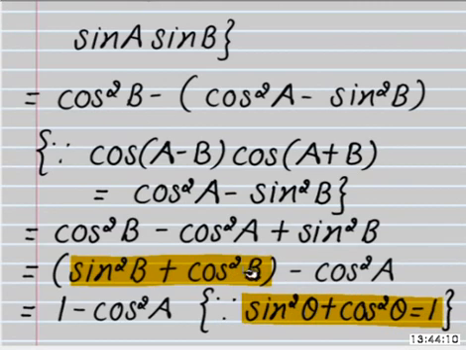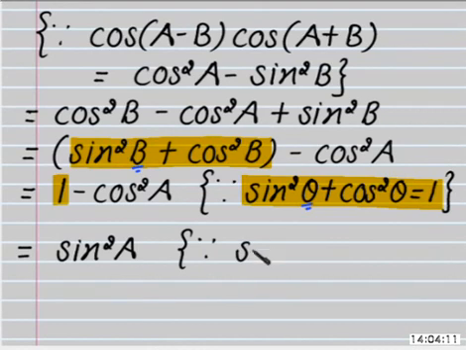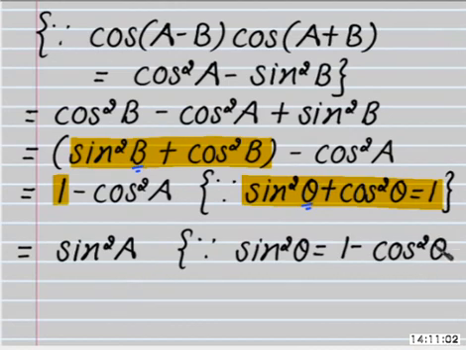So here theta is angle B. Now further it is equal to sin square A, because again using this trigonometric identity we get sin square theta is equal to 1 minus cos square theta. Here theta is equal to angle A.